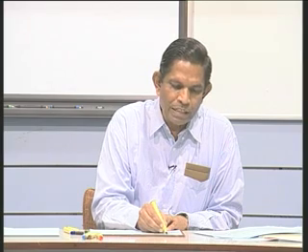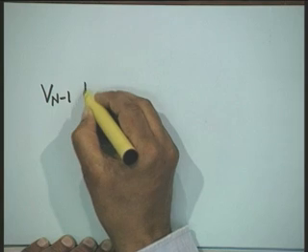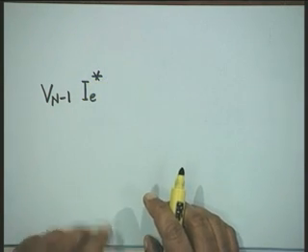Now, to understand why we have done this particular operation, multiplying by B star and adding to the term I n minus 1, let us see what is the complex power injection at the n minus 1th bus by doing this equivalency. The voltage is V n minus 1. If you multiply this by I e star, what does it show?